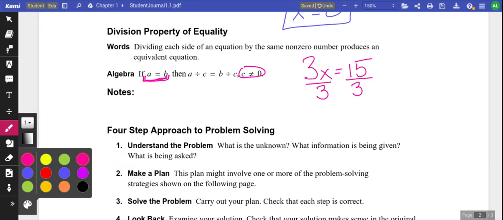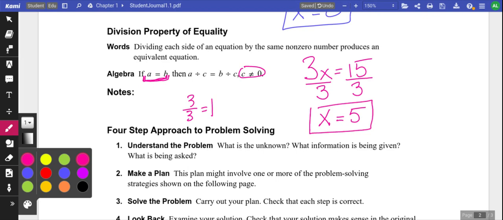This 3 divided by 3 cancels out, because 3 divided by 3 is equal to 1. So I get x is equal to 15 divided by 3. Either dividing or simplifying that fraction, you get 5. That makes sense: 3 times 5 is equal to 15, so that's our solution.